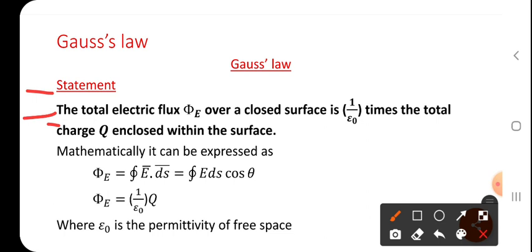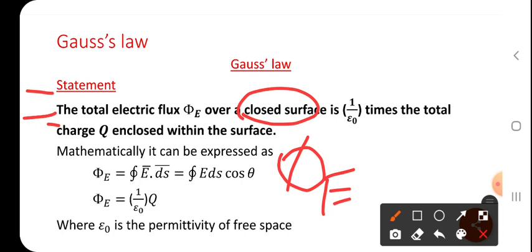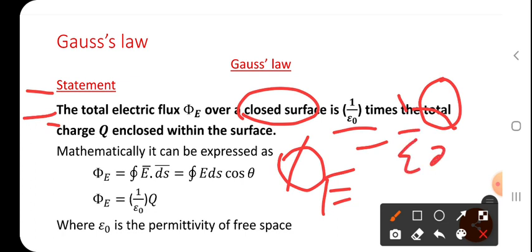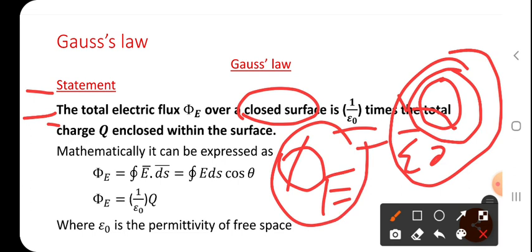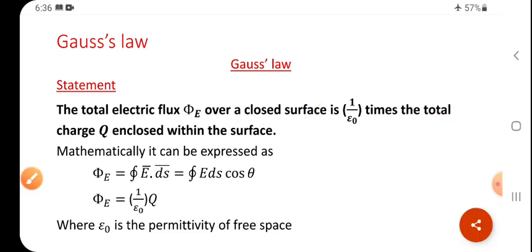So over a closed surface, how much flux is present? If you multiply 1 by epsilon naught to the total charge, how much value you get, that much flux is present in the closed surface. That is the meaning of this, right?